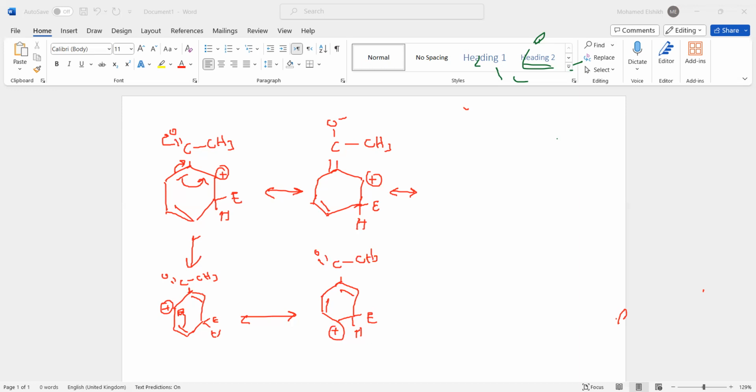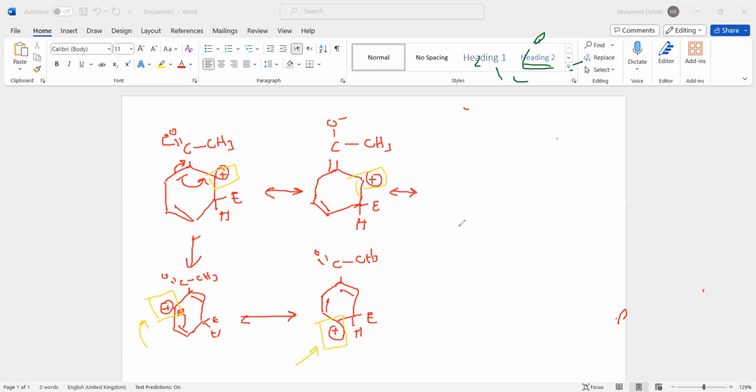Now we have created a positive charge here in the ortho, and we have created a positive charge in the para. So what does that mean? It essentially means that the incoming group will not prefer to go into these positions because these positions are highly positive.